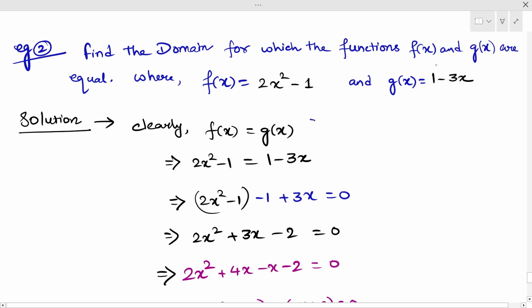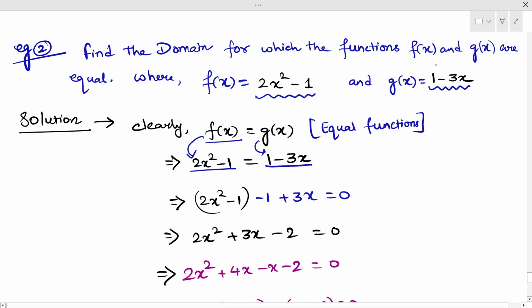So see, by definition of equal functions, we know if f(x) and g(x) are equal functions, then f(x) must be equal to g(x), right? So in place of f(x), we put 2x square minus 1, right? And in place of g(x), we will put 1 minus 3x. And we equate them, right?